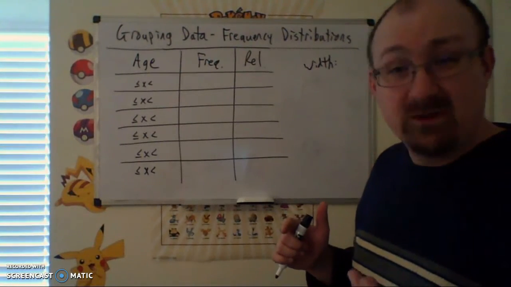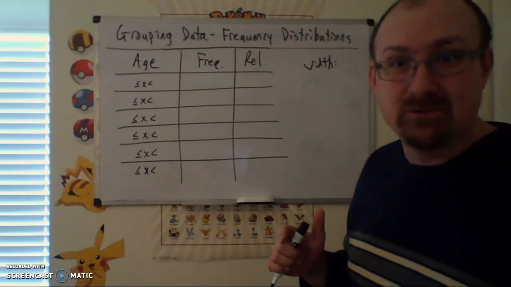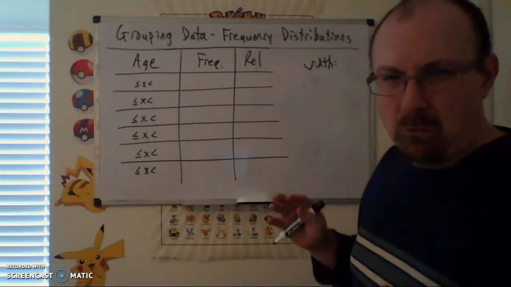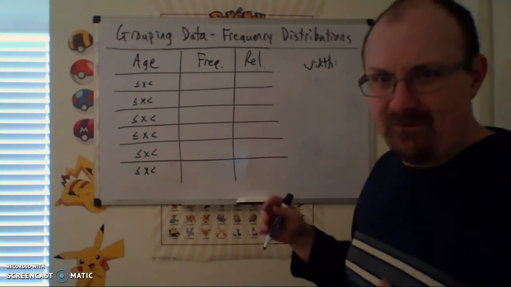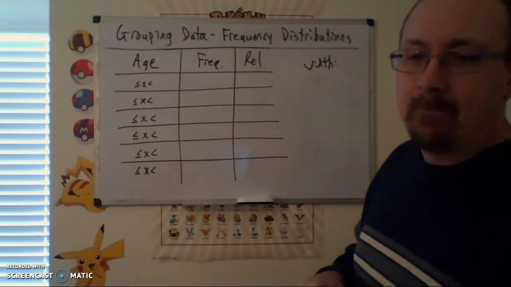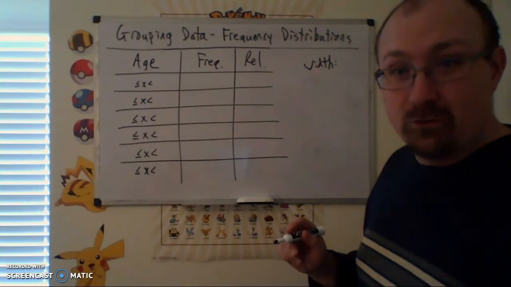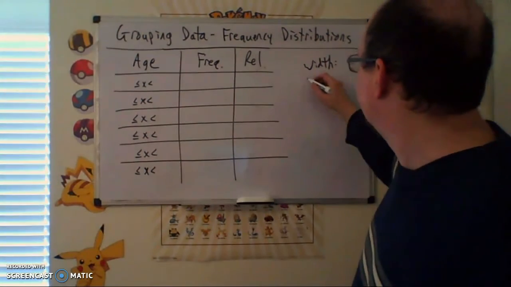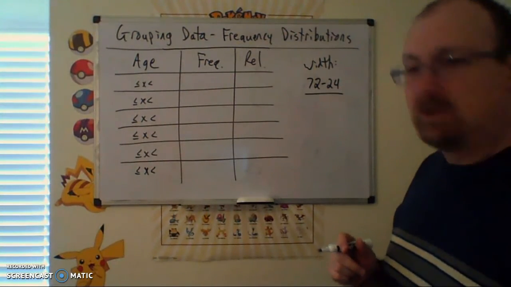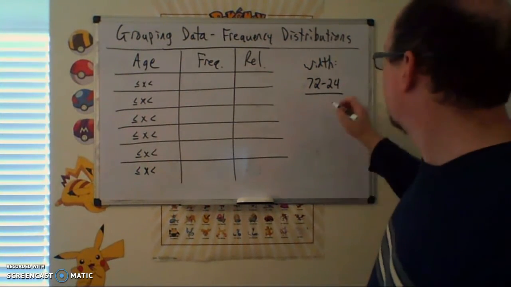You'll notice neither 24 nor 72 is actually one of the values in question. We'll often do that so you don't have to worry about rounding. So we want to use 6 groups, running from 24 to 72. So we have 72 minus 24, which gives us 48.